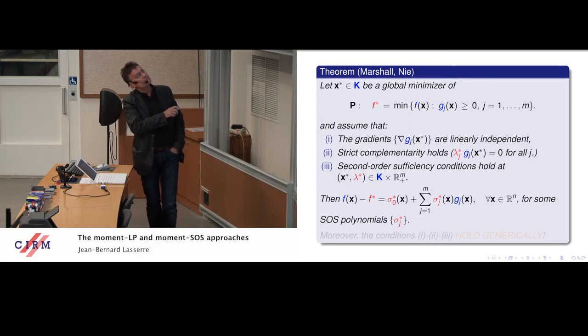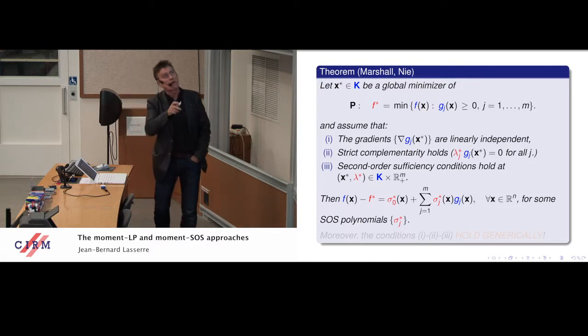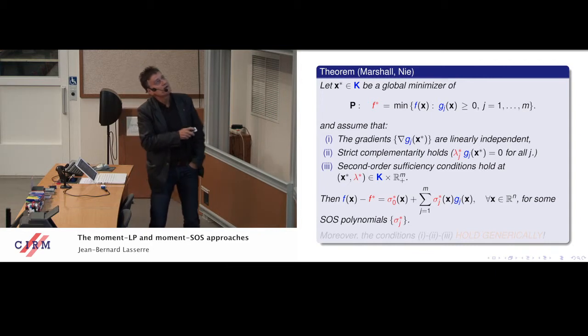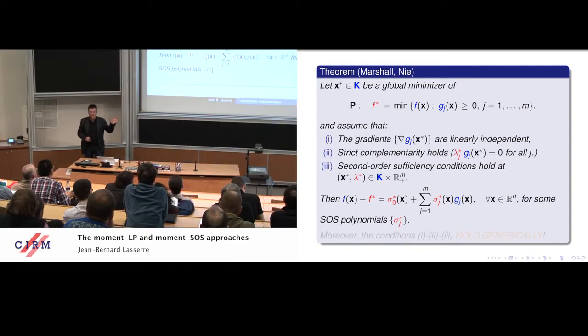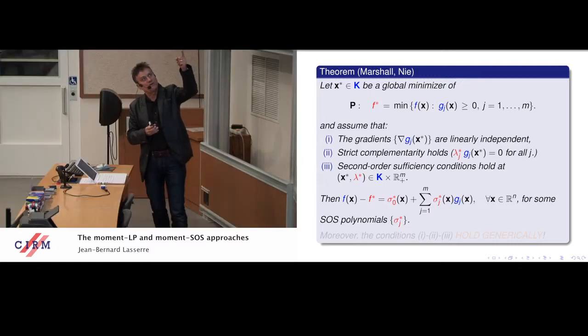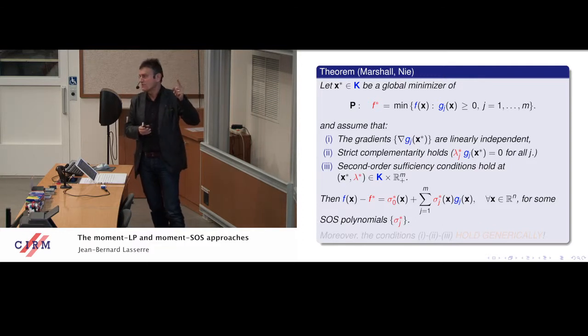Suppose that X star is a global minimizer of your optimization problem. And now you take the almost standard conditions, the constraint qualifications that you have in nonlinear programming: for example, the gradients at the point X star are linearly independent, strict complementarity holds, and the second order sufficiency condition holds.